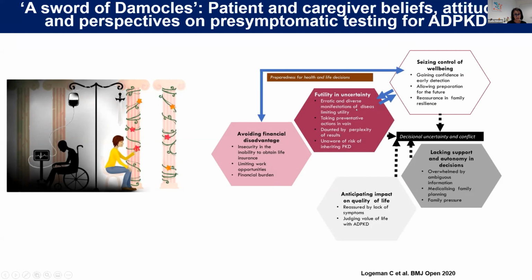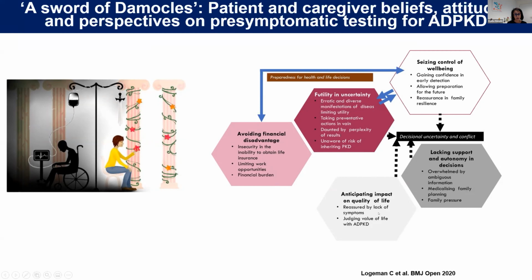Also, because we don't have real certainty on the clinical phenotype, with this intrafamilial variability, we cannot be sure about the progression in patients.